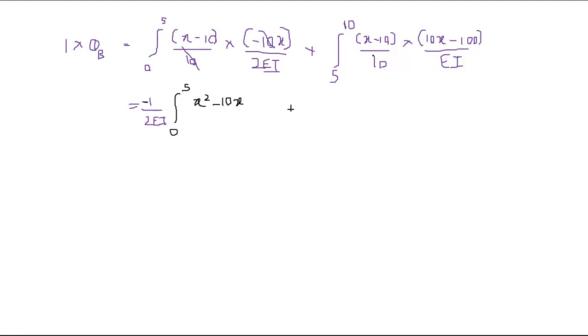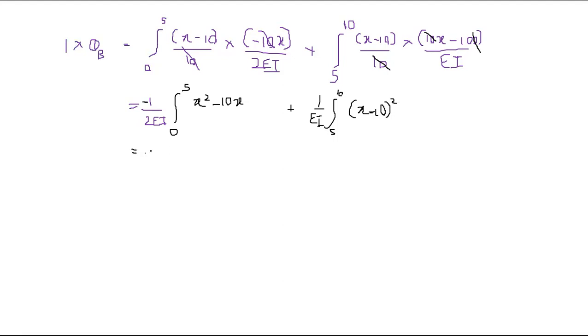So here also you can cancel this 10, and this will also be 10. So you can take 1 over EI out, and it's going to be x minus 10 to the power 2, the same integral that we obtained before as well, 5 to 10.